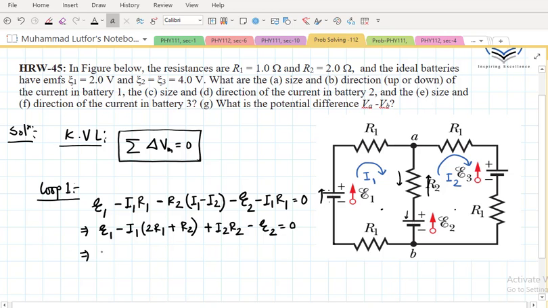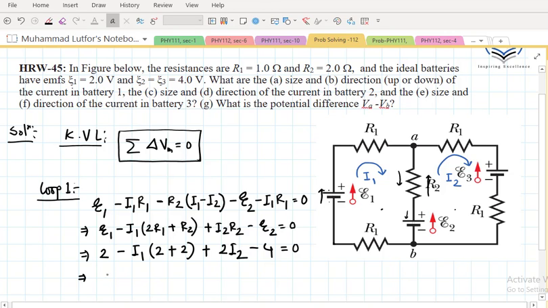So 2 volt minus I1, I have to find that value. R1 is 1 ohm, so 1 plus R2, where R2 is 2 ohm, plus 2 times I2, since R2 is 2 ohm, minus E2, which is 4 volt, equal to 0.